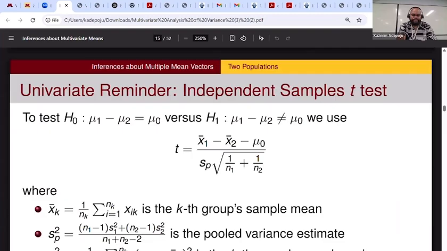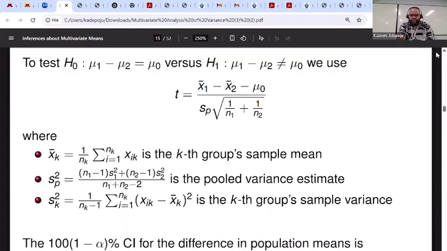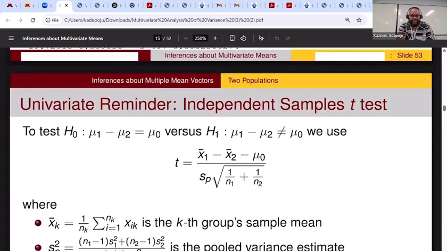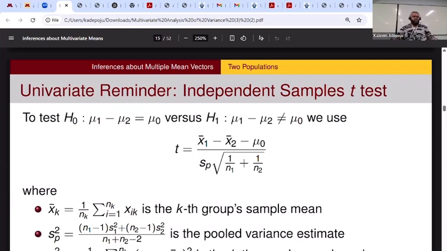So where we want to start today is from the independence. I walked you through the dependence test yesterday, and I'm also going to kickstart from the univariate, because the moment you understand the univariate, you'll be able to generalize and extend to multivariate situations.